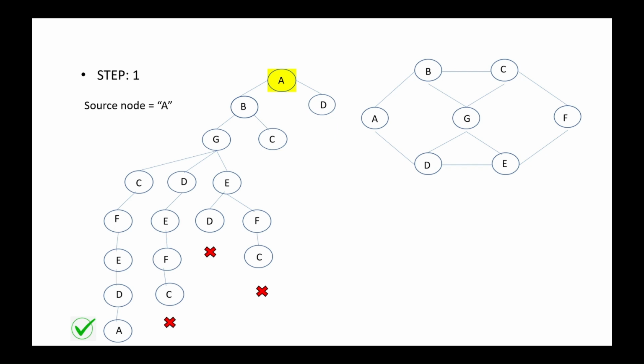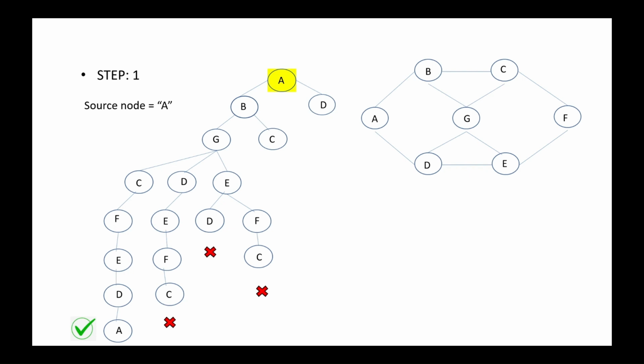One is D, G, and F. G is already visited and D is also visited. We write F. For F, there are two adjacent vertices, one is E and another one is C. E is already visited, so we didn't write it. For F, we write C.